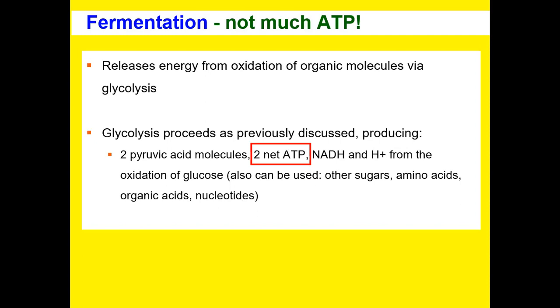Glucose is the preferred fermentation product, but like aerobic respiration, other food molecules can be used. Certainly any carbohydrate can be, and usually the other carbohydrates will be converted into glucose and then sent down the aerobic respiration chain or process in the normal way, the glucose way, which we discussed.